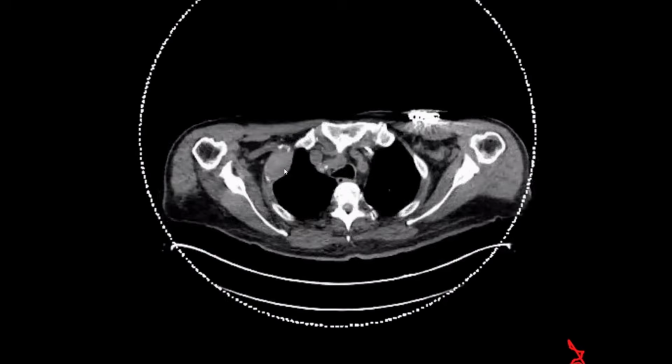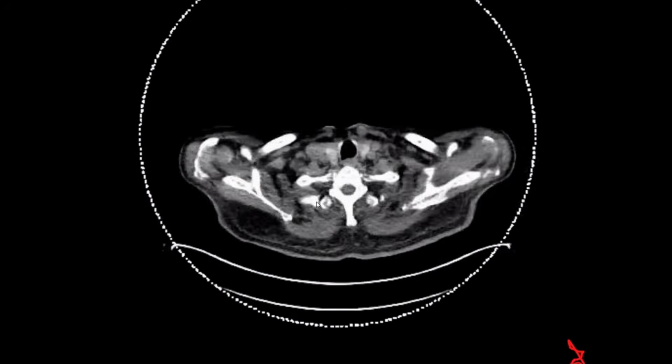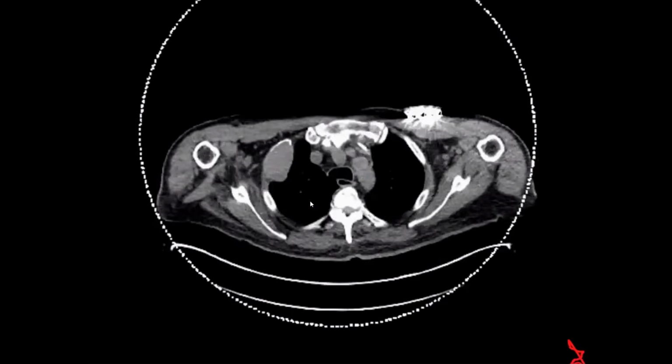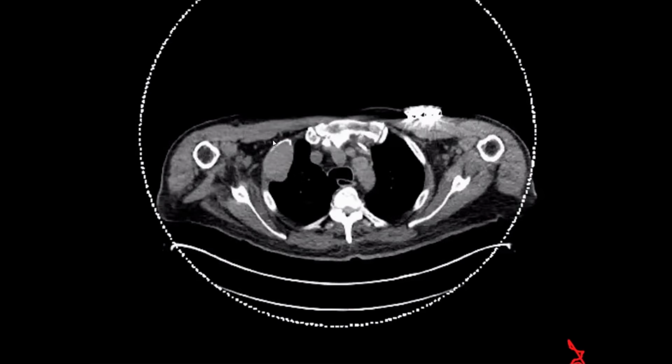Other lesions that arise from the ribs are chondrosarcoma, but I'm not seeing any chondroid matrix here. Very nice, you are thinking very well. Aneurysmal bone cyst is not a common location and not in this age group.